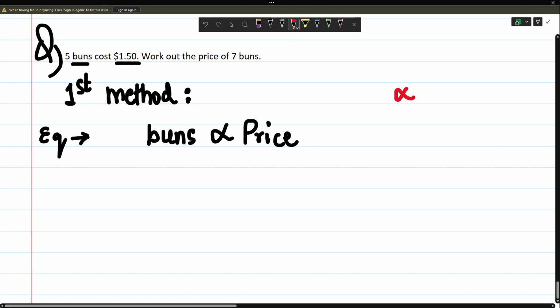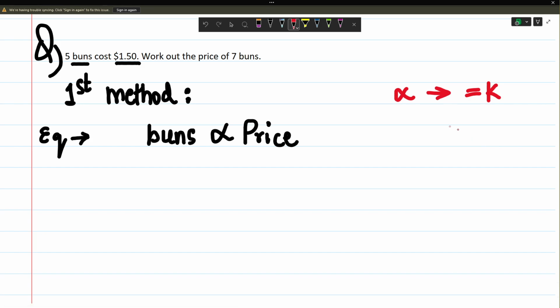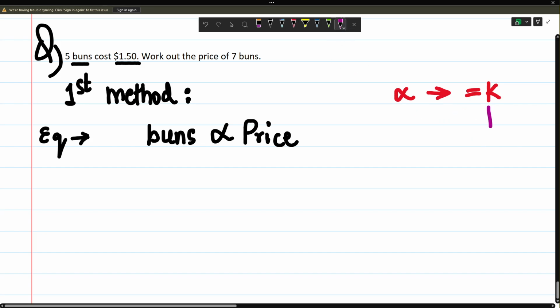When you remove the proportionality sign, you get equals to k. जब भी हम proportionality का साइन हटाएंगे, we will get equals to k, where k is a constant. K is a constant. ठीक है.